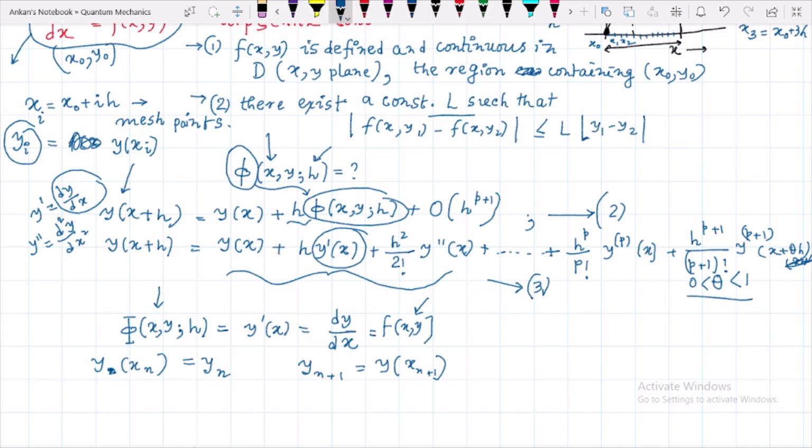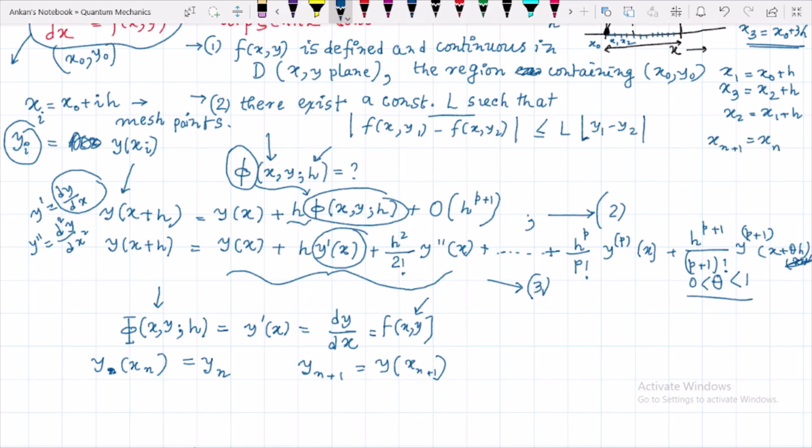Now x equal to n plus 1 means, if x3 is x2 plus h, x1 is x0 plus h, x2 is x1 plus h, then what is the value of xn plus 1?